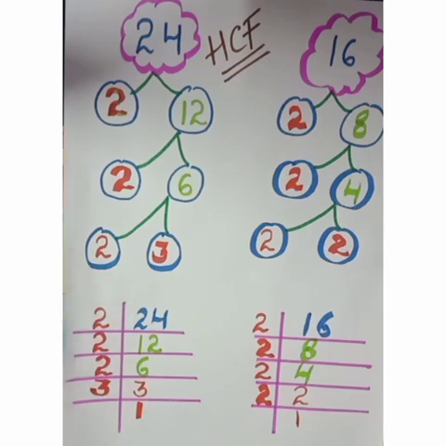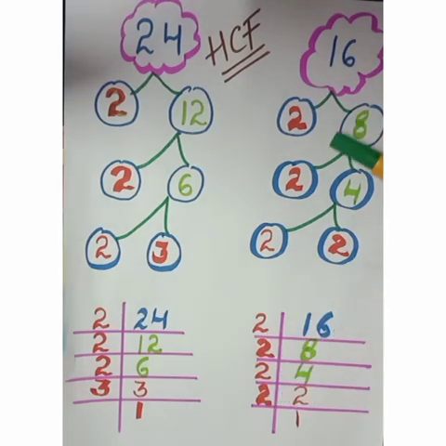Same I did with the number 16. Here I firstly divided by the smallest prime number 2. We got 8. 8 is divisible again by 2, giving 4, and 4 is again divisible by 2, giving 2, and 2 will be divisible only by 2. Now here we got 2, 2, 2, 2, the prime factors of number 16.